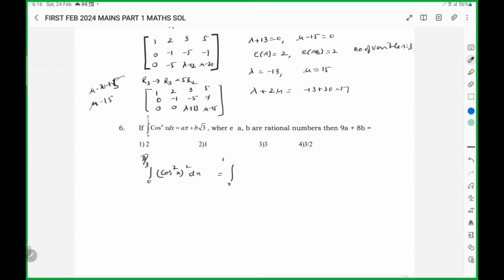So, integral 0 to pi by 3 of cos square x is (1 plus cos 2x by 2) whole square dx.